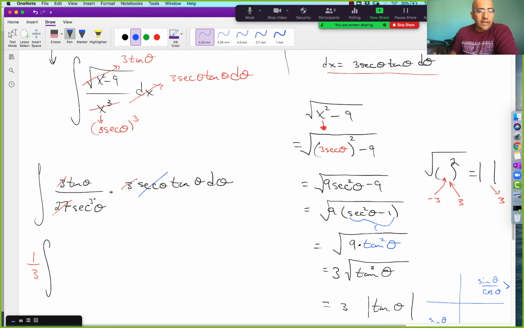So this secant and this cube cancel to give you just a squared. And so we end up with tangent of theta squared, so that's this tangent and that tangent becomes squared, all over secant squared theta d theta.